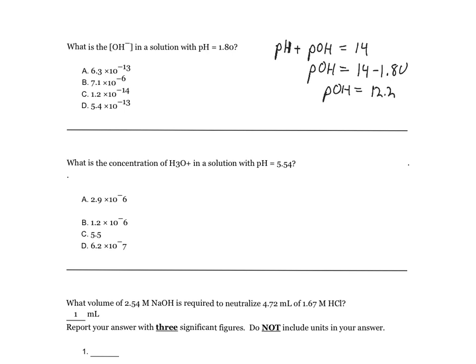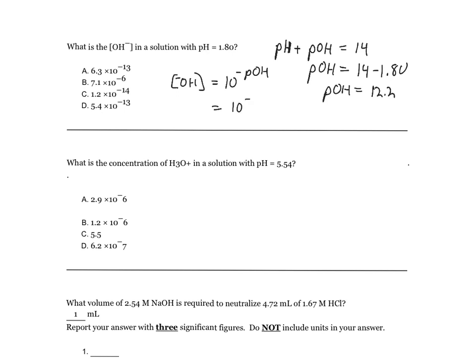So from that, the concentration of OH minus hydroxide is equal to 10 raised to the negative pOH value.